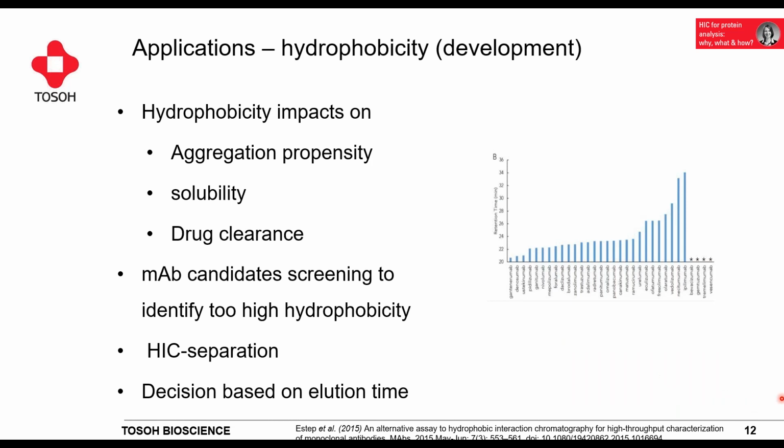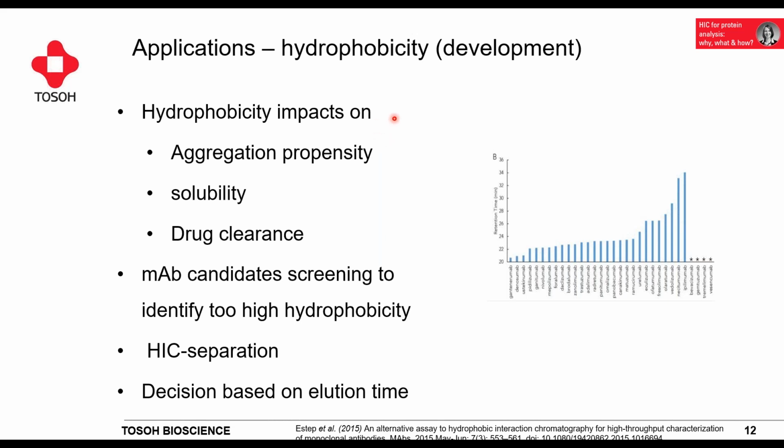With that, I would like to come to the last application, which looks into the hydrophobicity between different molecules. Why is this important? Because when you're first screening your molecules or your drug candidates, it is important also to have a look at the hydrophobicity.